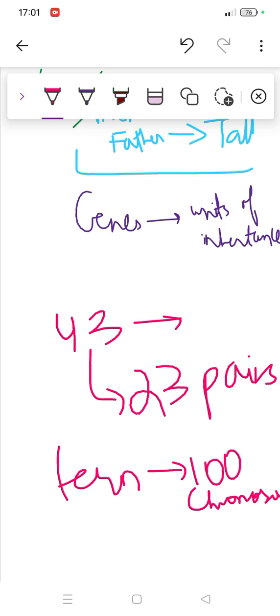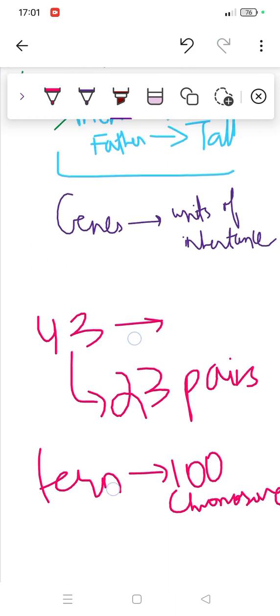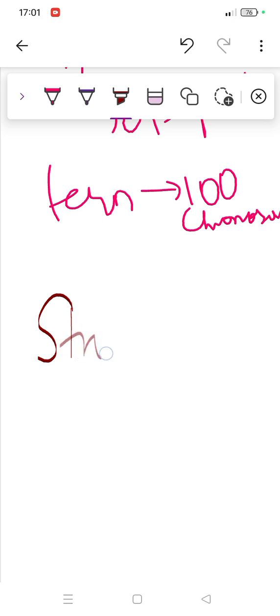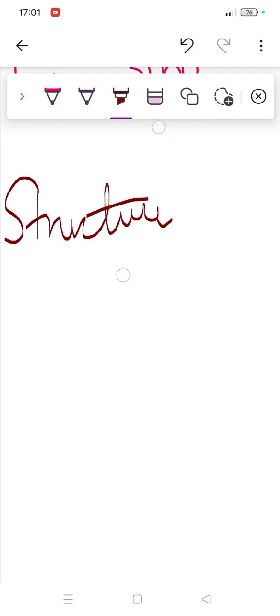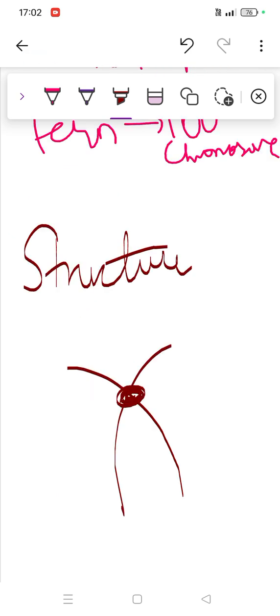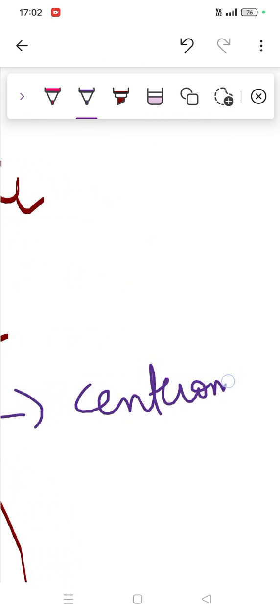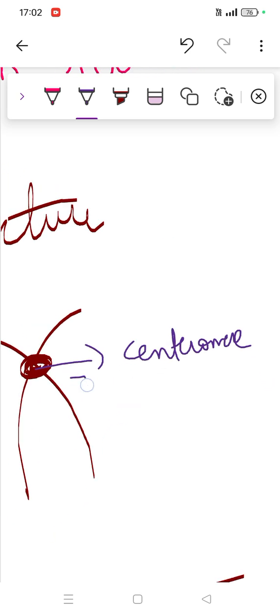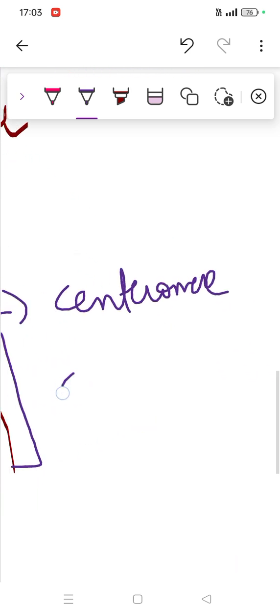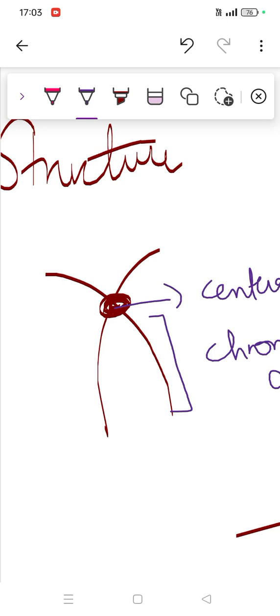Now, coming towards the structure of the chromosome, let's check it out. Here comes the structure. In the middle there is a protein structure, which is basically called the centromere. This is called the chromatid arm, and this structure is called a chromatid.